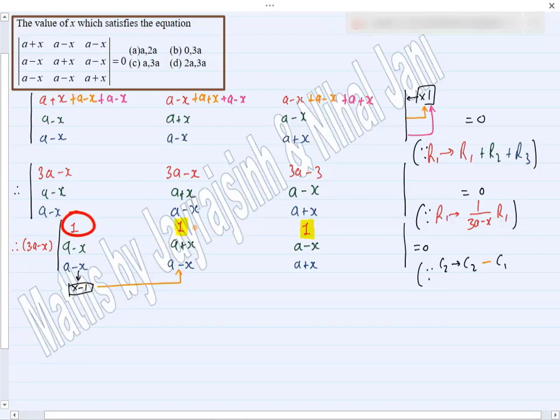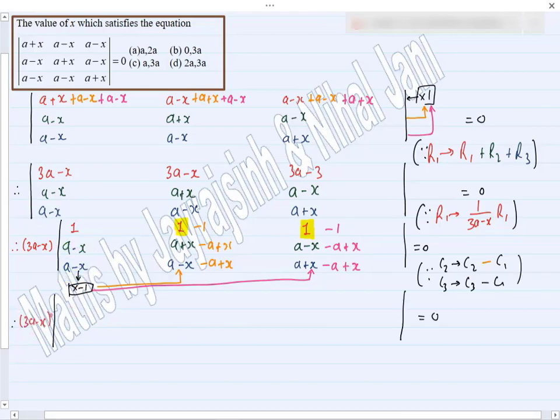So 1 minus 1 is 0, a minus x plus 1 times minus 1 is minus a plus x, and a minus x times 1 minus 1 is minus a plus x. Similarly, you can convert the third column by C3 minus C1. Multiply minus 1 with the first column and add it into the third column. 1 minus 1 is 0, a minus x minus 1 is minus a plus x, a minus x minus 1 is a plus x.